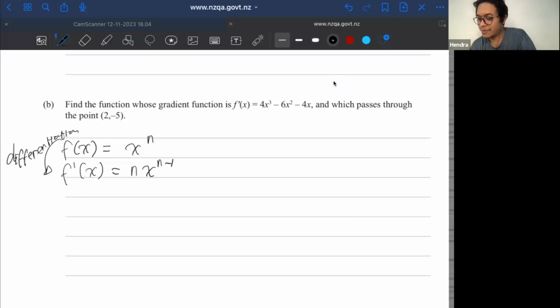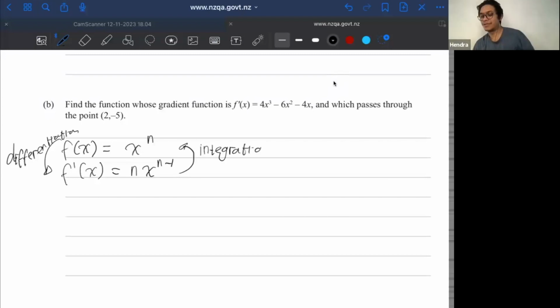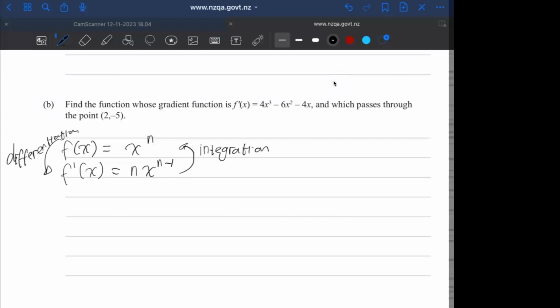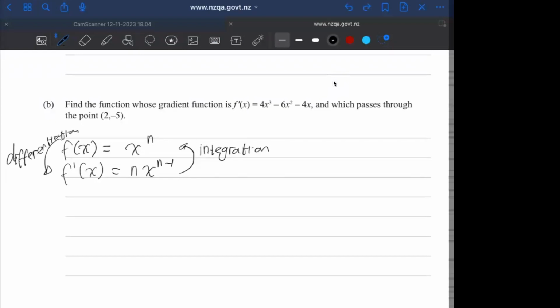What is the process from the bottom to the top called? Is that integration? Yes. How do we do that? So I guess we look at the power, and then we add 1, and then we divide by the new exponent to remove the front number.